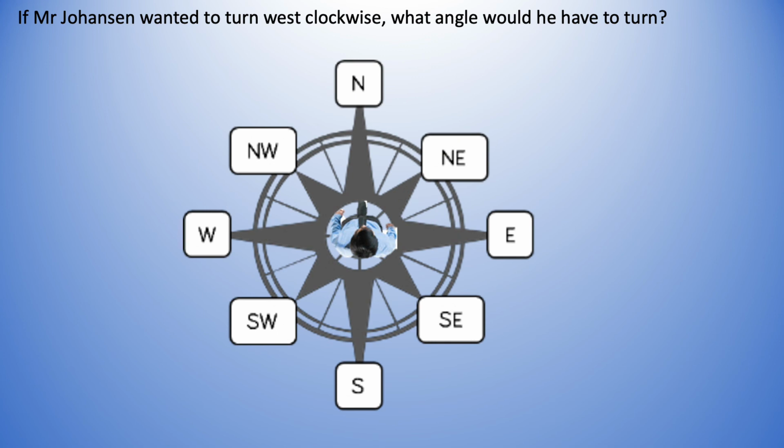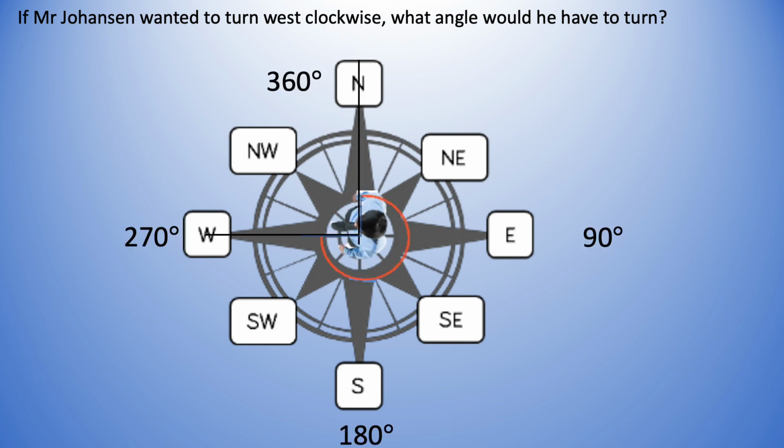Now, if Mr. Johansson wanted to turn west clockwise, what angle would he have to turn? Okay, so he needs to turn west, but he's going clockwise. What angle would he have to turn? Okay. He has actually gone right the way around to west, hasn't he?